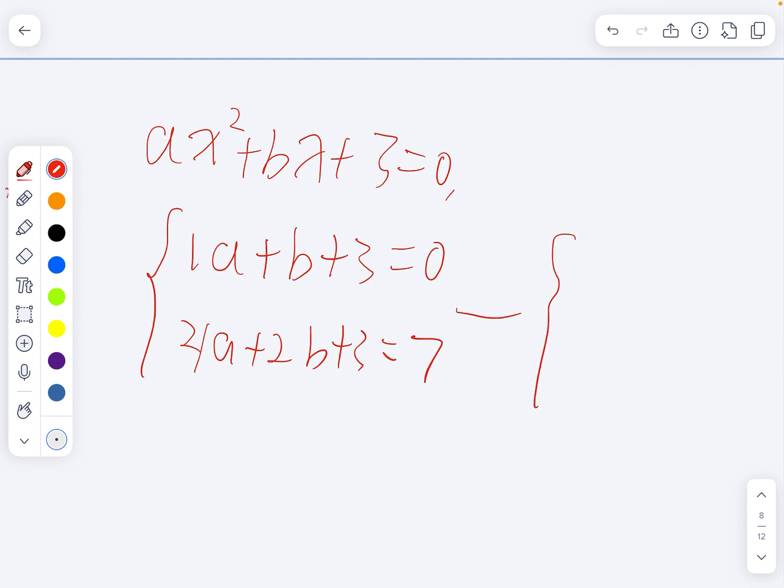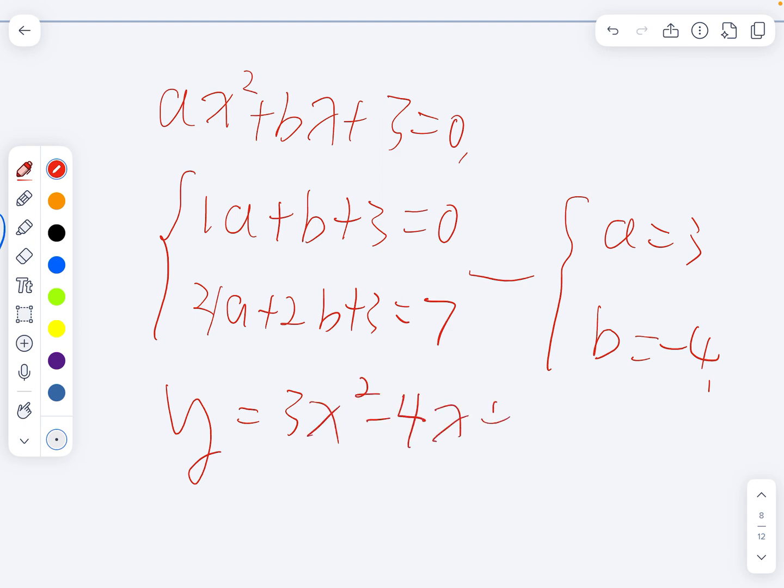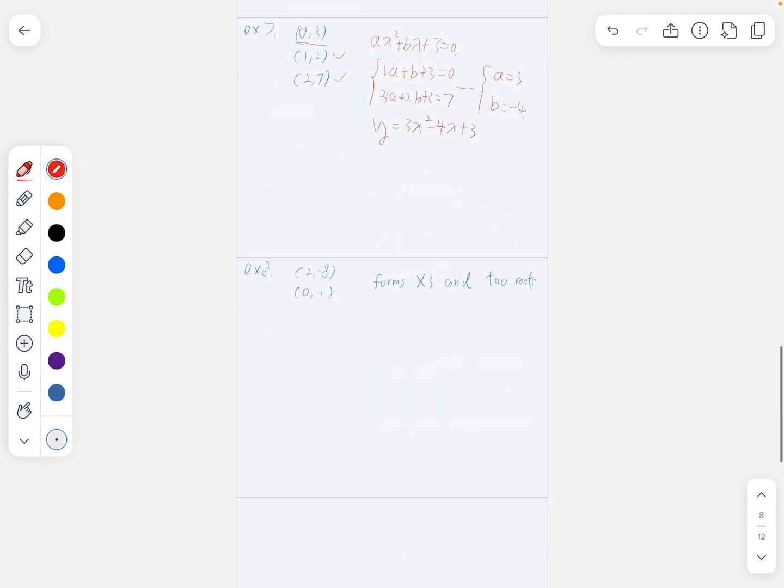At the end, you can solve it by yourself. So we can directly get a equal to 3 and b equal to negative 4. So the final answer is y equal to 3 and so on.